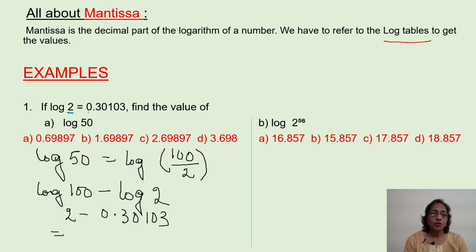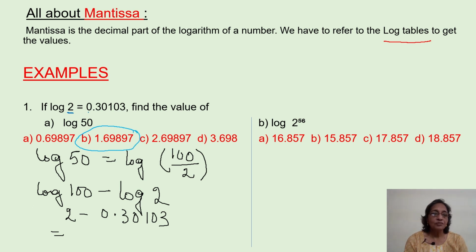Options are given to you. So this will be something in 1 point. Only thing is you need to know, if you look at your options, we have 4 options, and since your answer is going to be in 1 point something, definitely you know that it is going to be the B option.